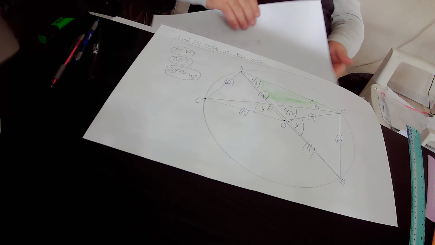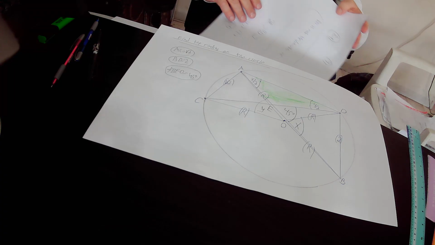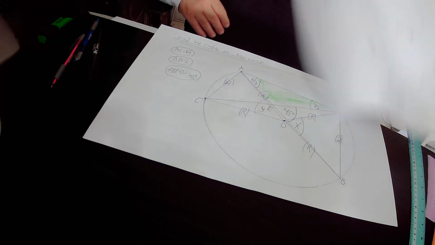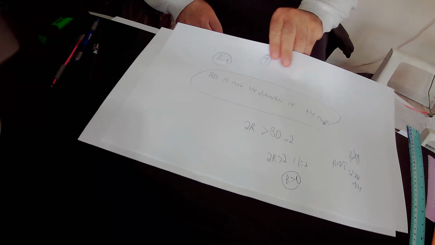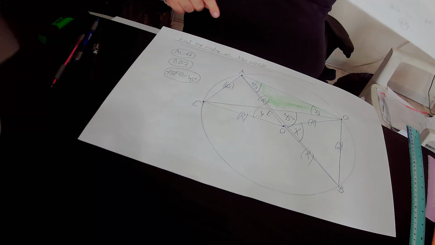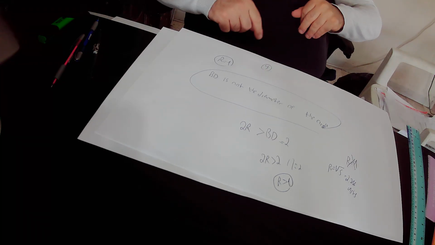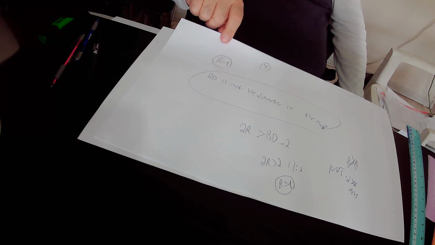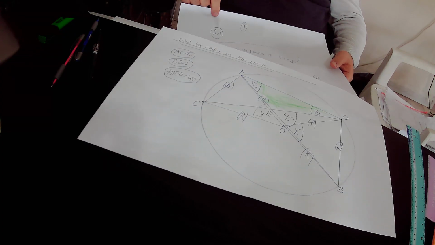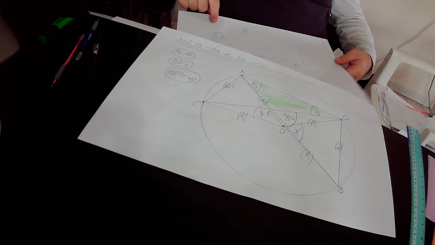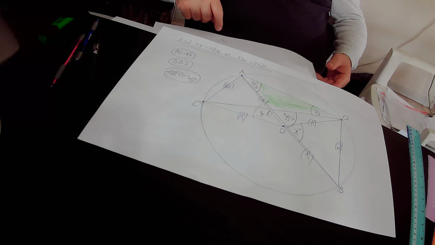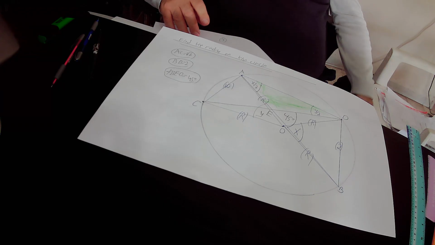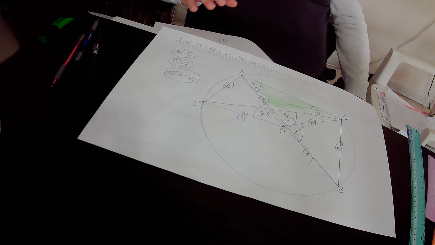So here we return to the first solution. According to the first solution, the radius r of this circle equals 1 unit in length, but it is actually impossible that the radius r equals 1. Why? Because the diameter of a circle is the longest chord in the circle.